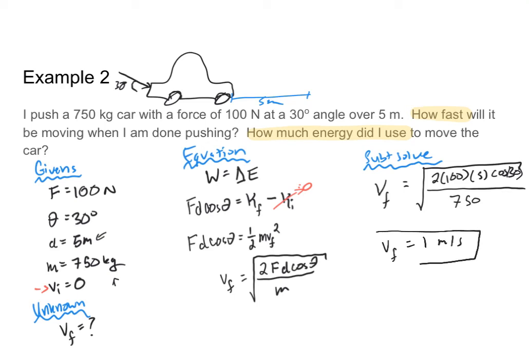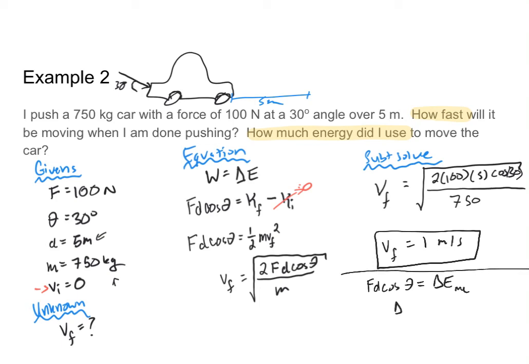Now, for the second question, how much energy did I use to move the car? The energy gain in the car is equal to the energy that I have lost. In other words, the work done is equal to the energy that I have lost. Or, a little more clearly, my change in energy is equal to FD times the cosine of theta.